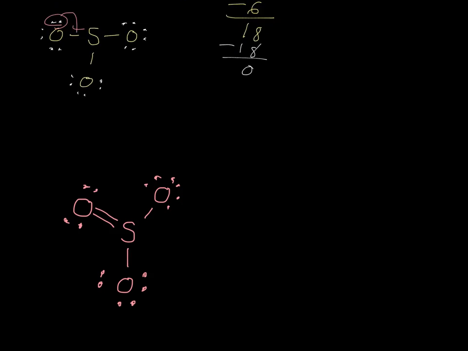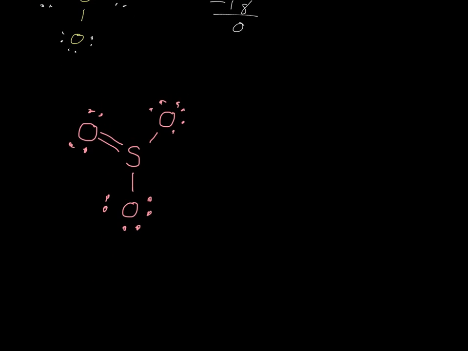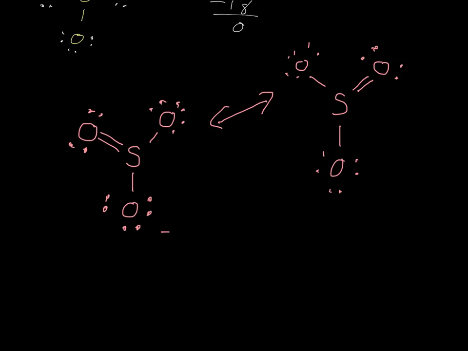In reality, what's going to happen is we're going to get a structure that acts as if a double bond exists between not just one oxygen and the sulfur, but exists between all the oxygens and the sulfur.